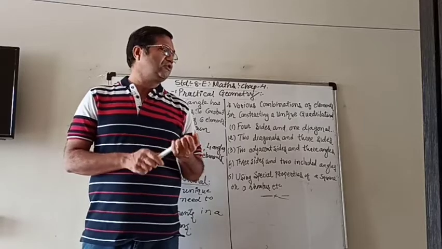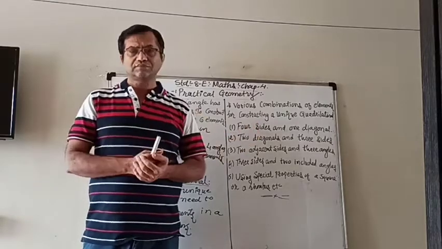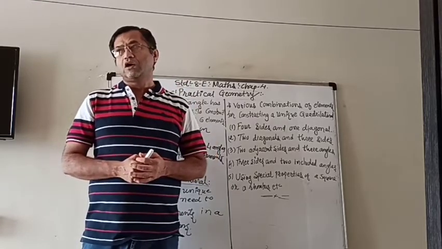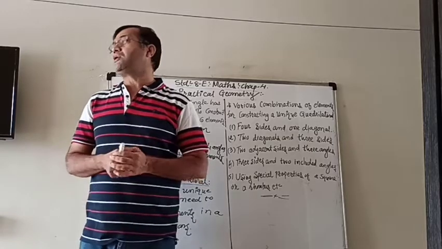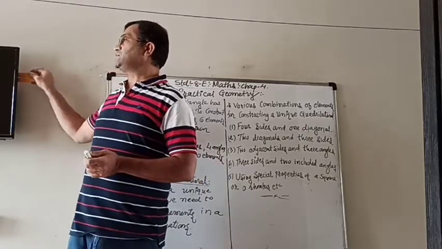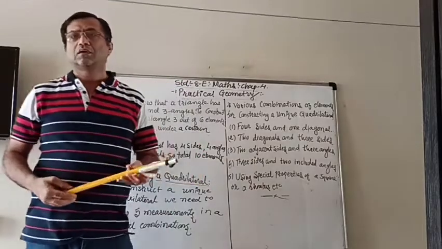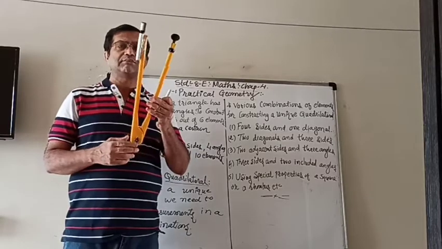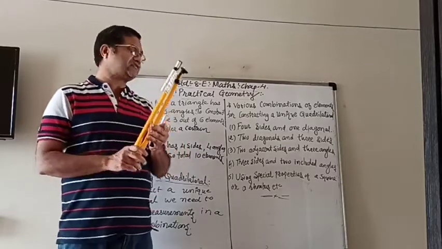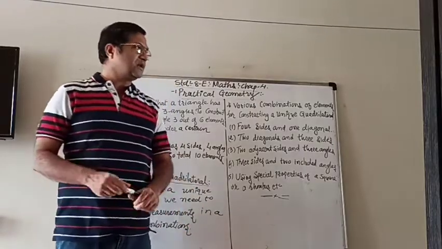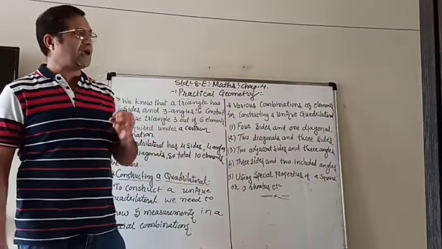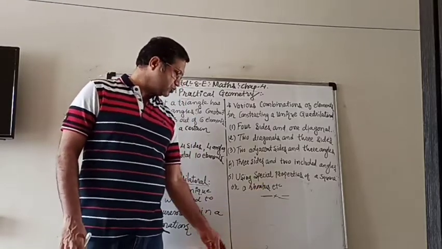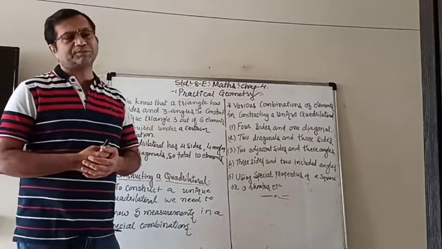Here we have to use the scale and your rounder, or it is also known as compass, that is available in your compass box. I also have this made up of plastic so that I can explain you. So in practical geometry we have to use the minimum things to draw the given figure.